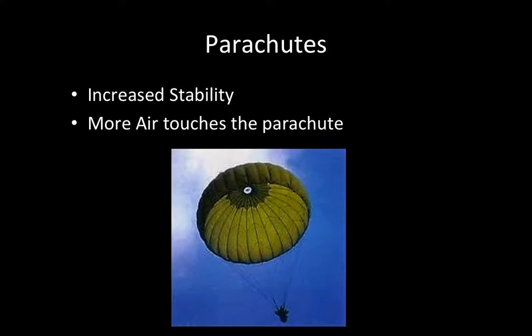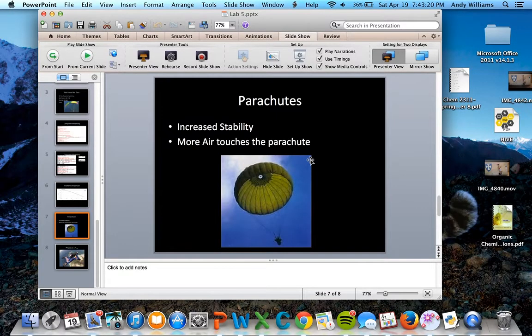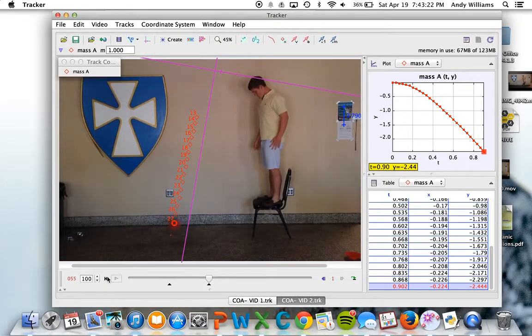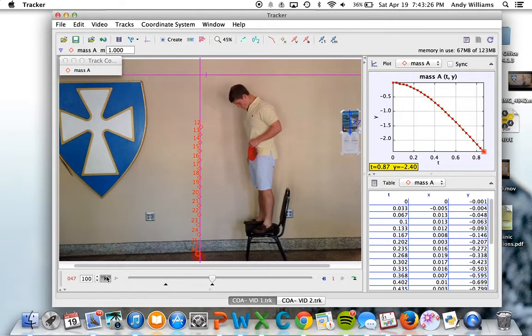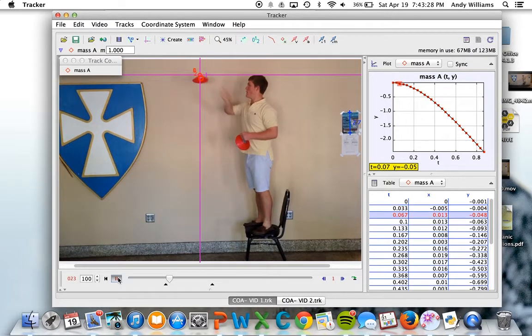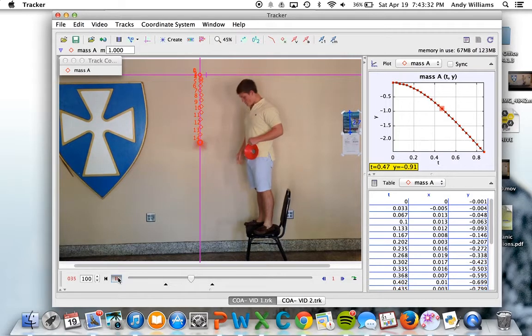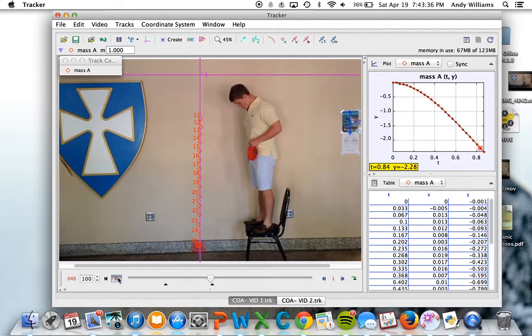So we can look at the tracker data again now that we know this, and this one is the one without the hole. Notice this one falls straight down perfectly. It doesn't spin and oscillate as much, so you get more air in the cone, slowing it down as it falls.